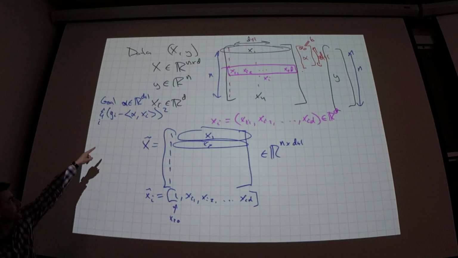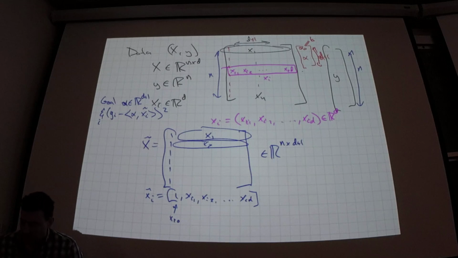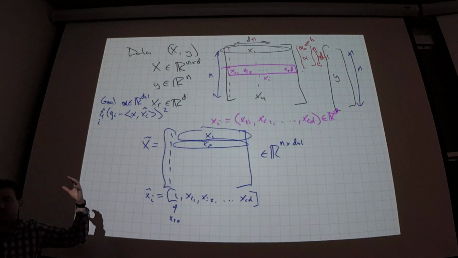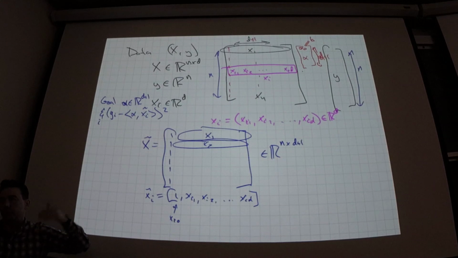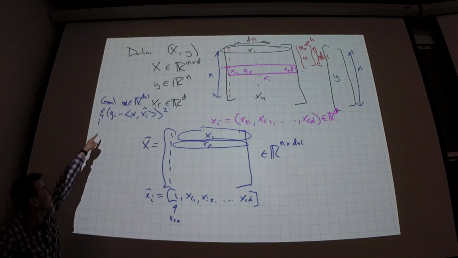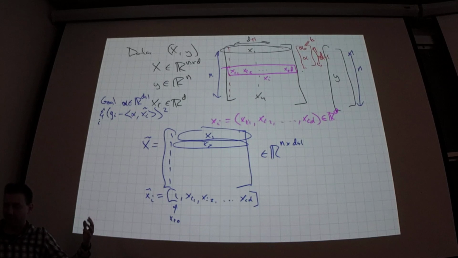Now alpha is a d plus one-dimensional vector. Each xi tilde is a d plus one-dimensional vector. So this dot product is just multiplying all the coefficients by all the variables. And I look at the difference from yi, and I square that, and I add those up. I just want to minimize this now.